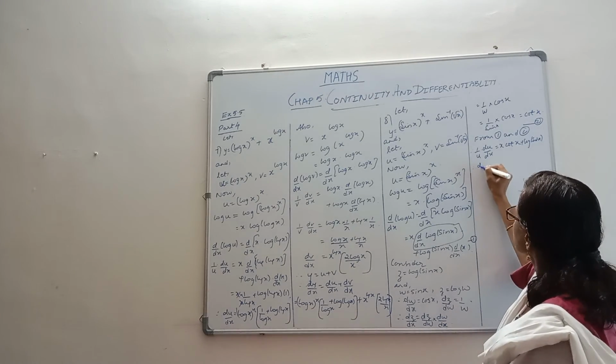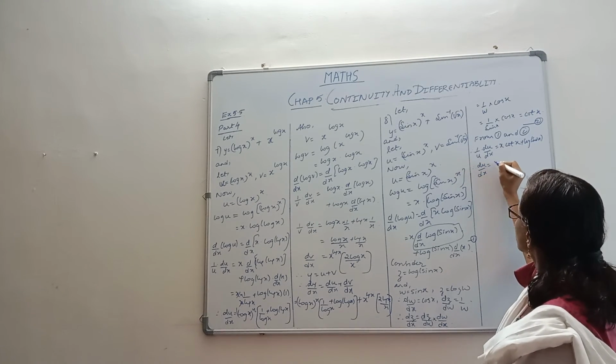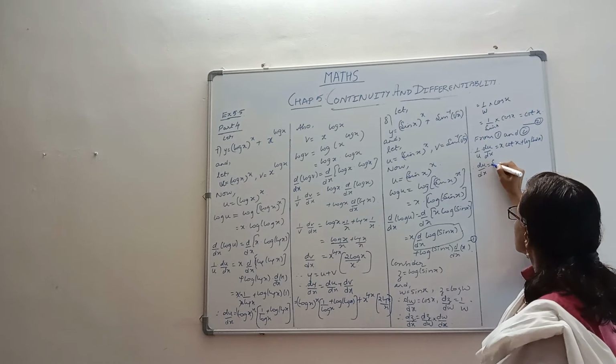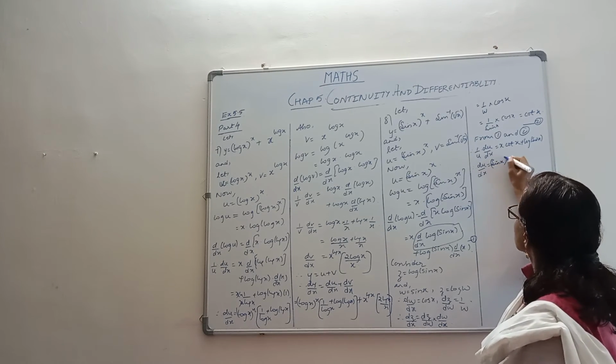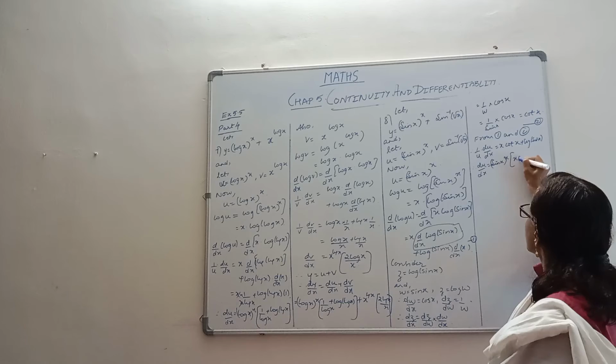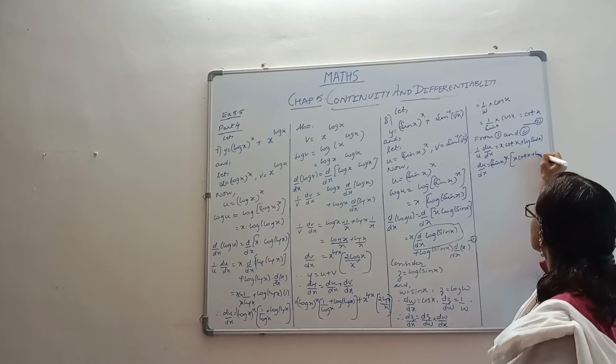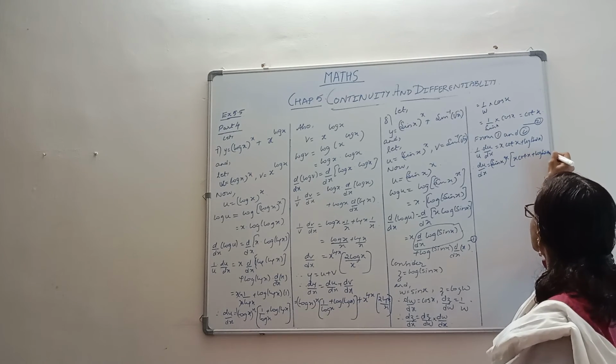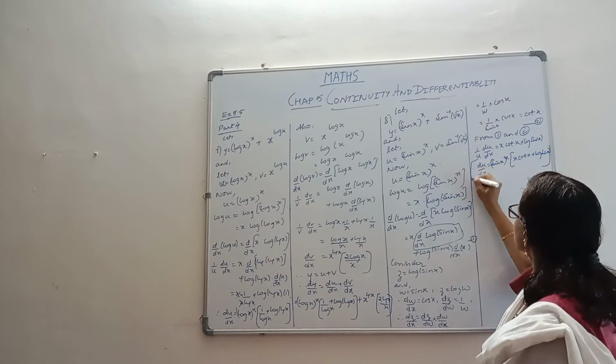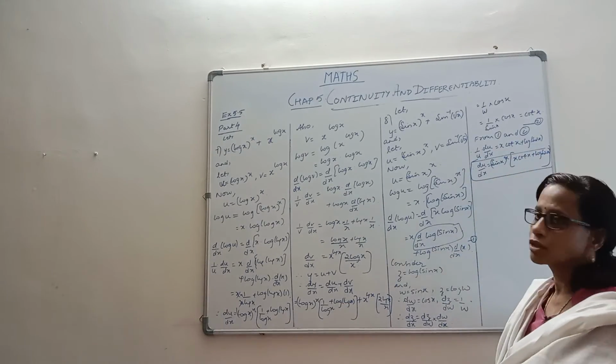So basically your du by dx is going to be, u goes there, so it is sin x raised to x times x cot x plus log sin x. That's your du by dx.